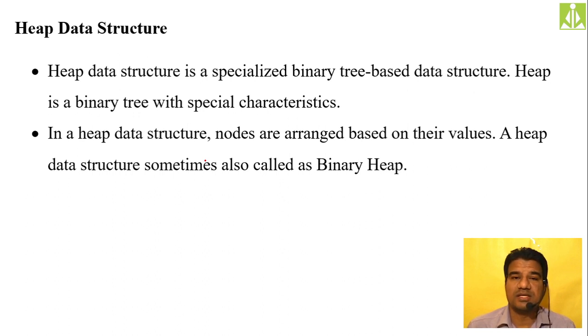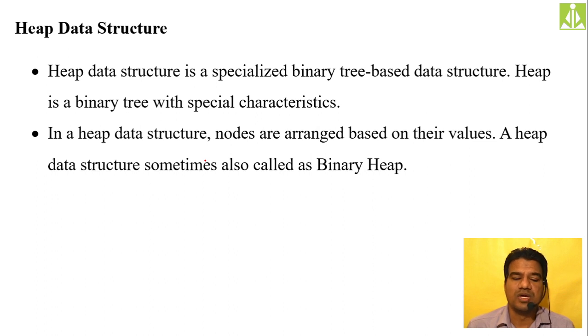We are not saying binary search tree or AVL tree, we are saying it is a binary tree, so we have to employ only the properties related to a binary tree. What are the binary tree characteristics? First of all, it has to be binary, it has to be a tree. Then the property associated with this binary tree is that all nodes present inside it must contain a maximum of two nodes. So in a heap also, all nodes will have a maximum of two nodes, that is 0, 1, or 2.